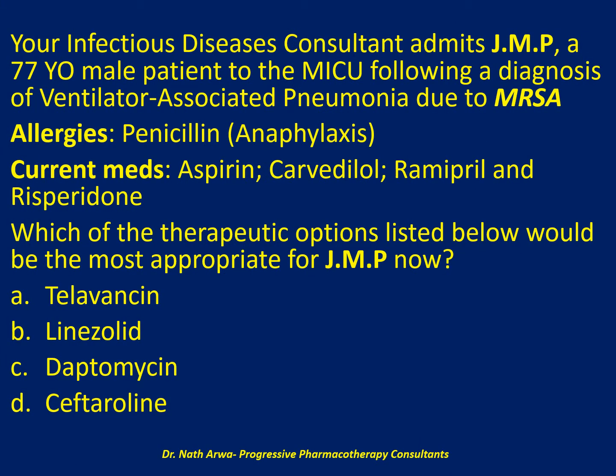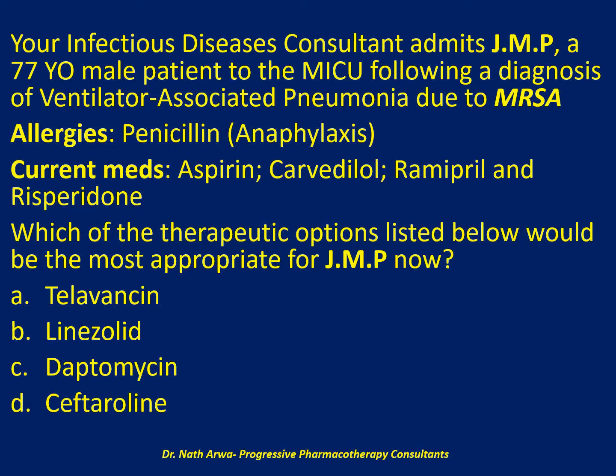And it reads, your infectious diseases consultant admits Mr. JMP, a 77-year-old male patient, to the medical ICU following a diagnosis of VAP due to methicillin-resistant Staphylococcus aureus. And he establishes this patient is allergic to penicillin, and the last time he received penicillin, there was anaphylaxis.